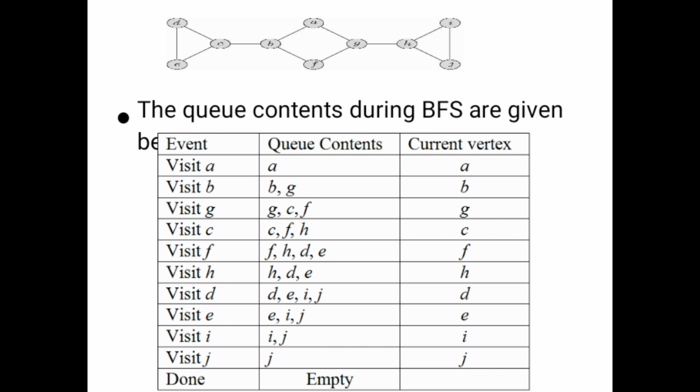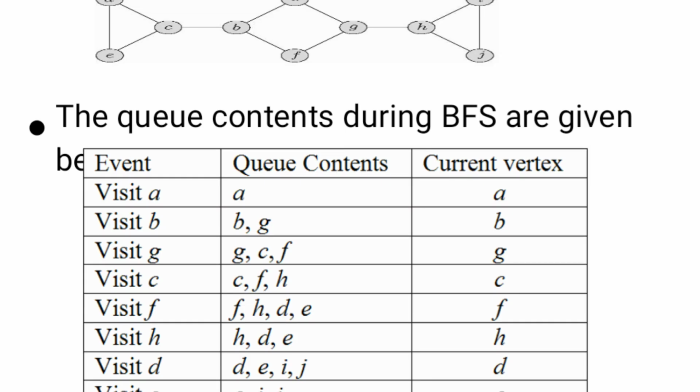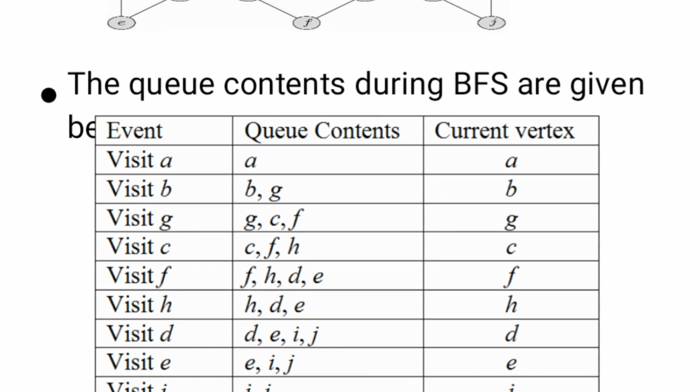Then the front of the queue is G, which is deleted from the queue and marked as the current vertex, and the vertices adjacent to G are H and F. F is already in the queue, so only H is inserted into the queue.